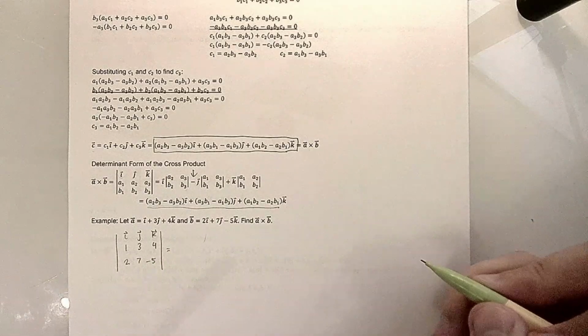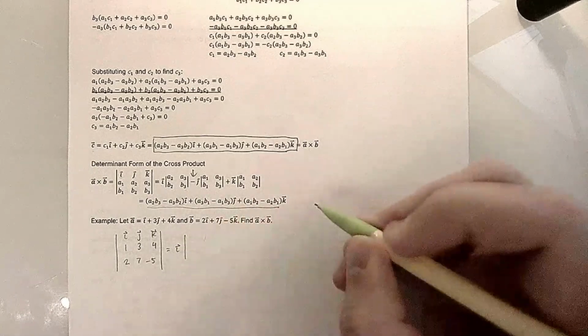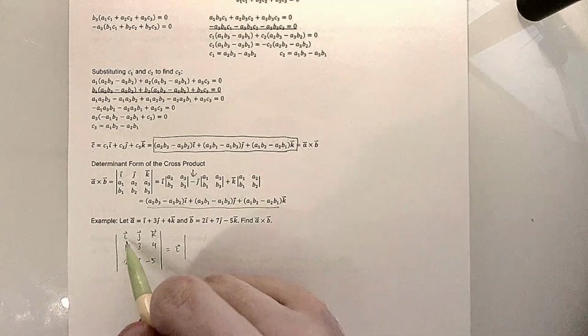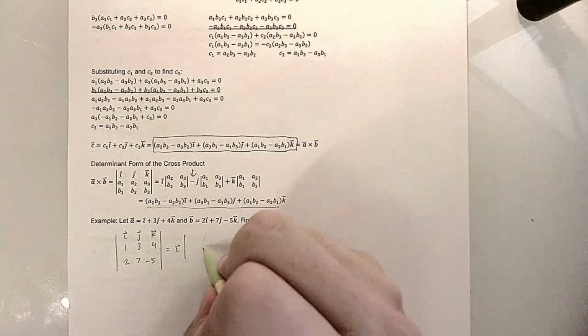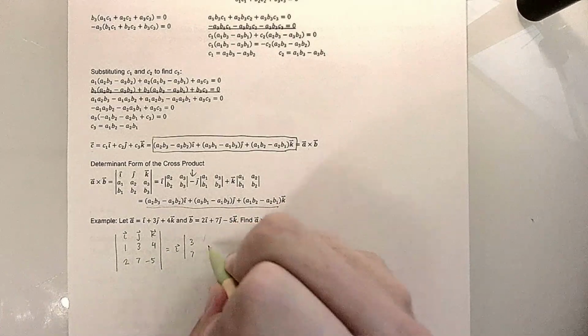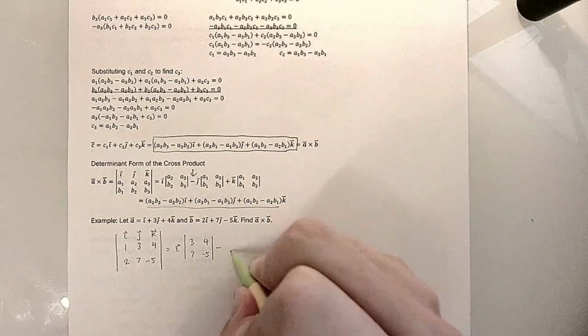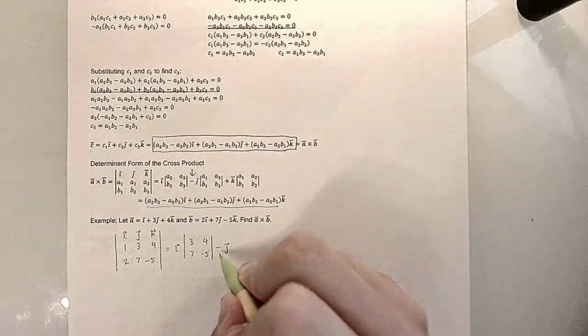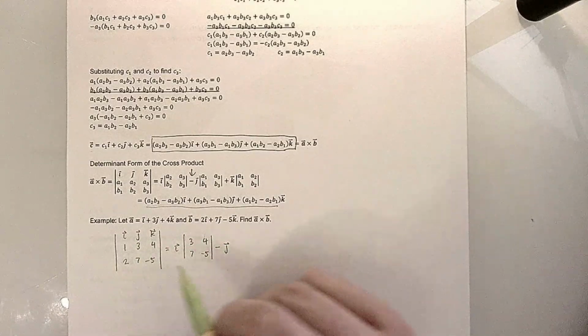So to work this out, we have I, and we create our 2x2 matrix by ignoring the first column and the first row, because that's where the I was located. And we get 3, 7, the 4 here, and the negative 5. Remember that we have the J, we have the negative there, because our cofactor in this column is going to be negative.